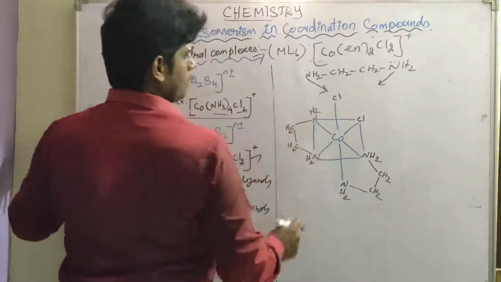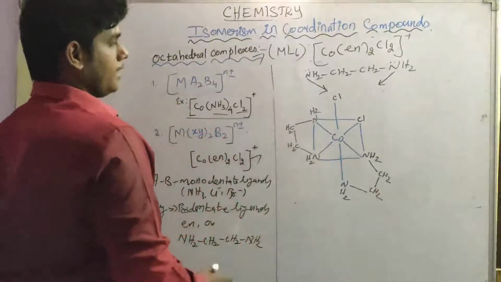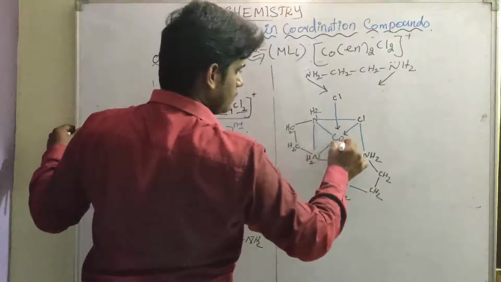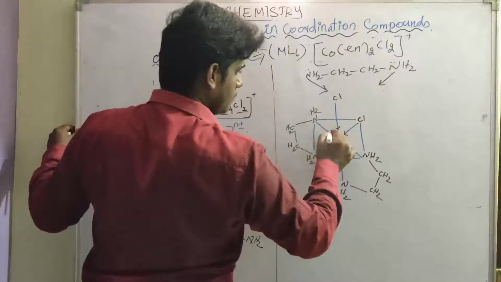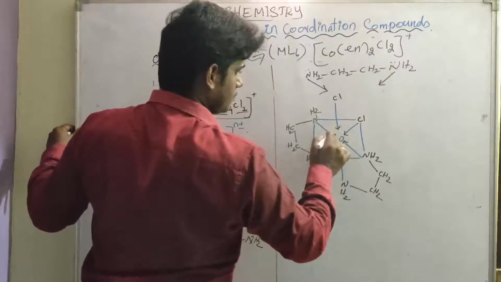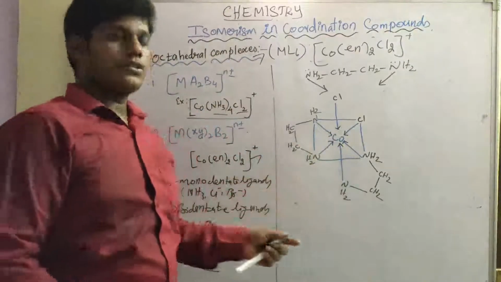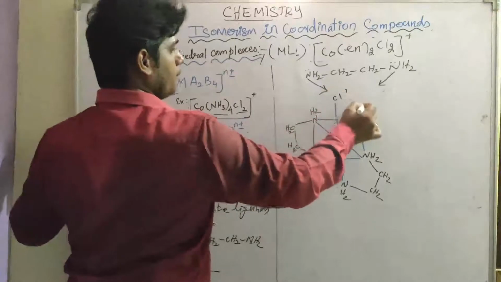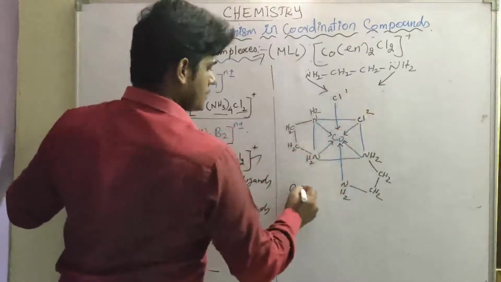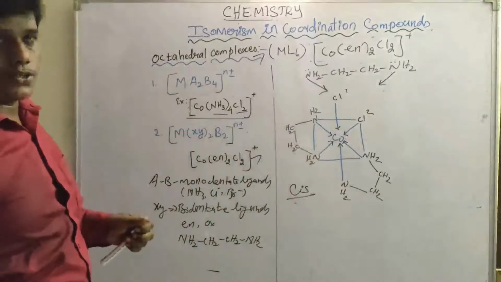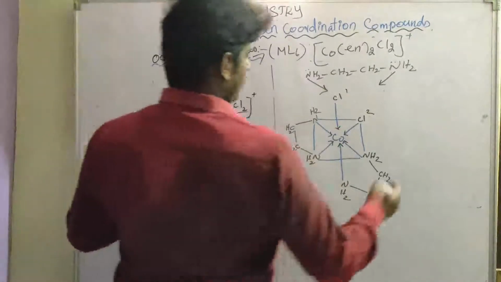So it is a donor set, and like that we can put it here also. It is a bidentate ligand. These two chloride ligands are at the 1, 2 position, so it is called a cis isomer.